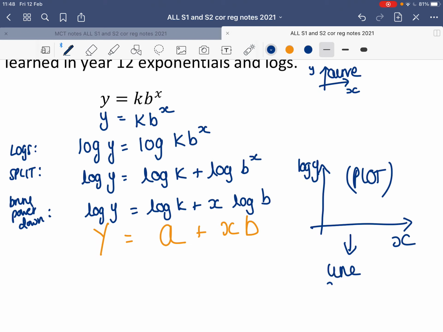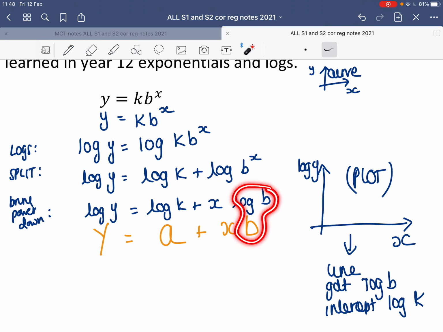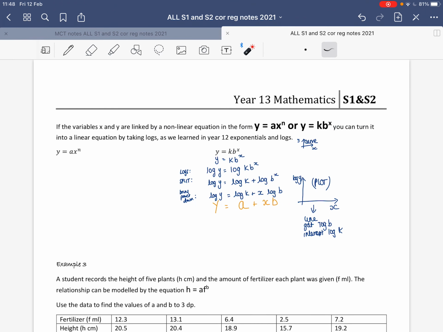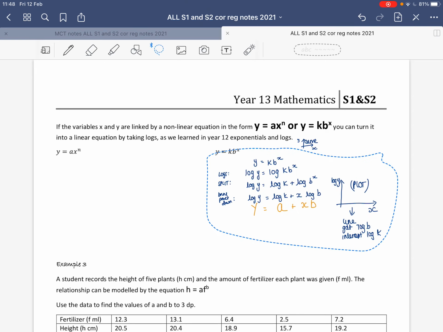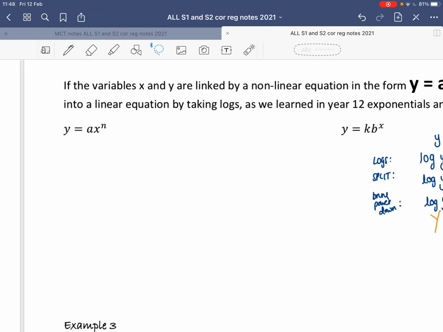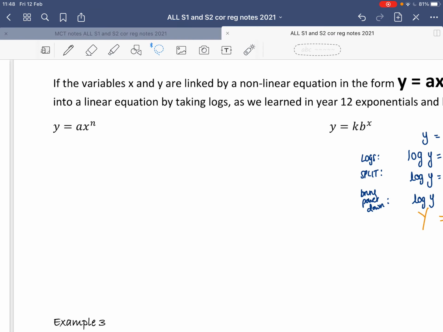And when you do that, you would get a line with gradient log b and intercept log k. I know that because there's my gradient and there's my intercept. This will all come together, don't worry. I'm just going to move that along.